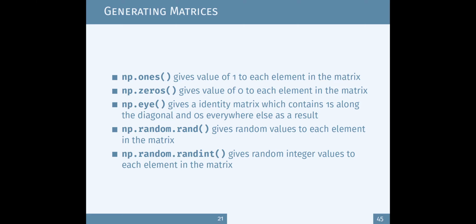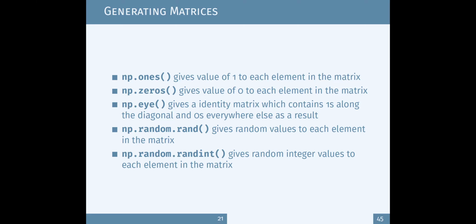The third one, eye, can be used to generate identity matrices where you have ones in the diagonal and zeros in the off diagonal. Then there are various methods we can use to generate random matrices. Generating random matrices is also very important. Okay, let's go back and discuss how we can implement them.